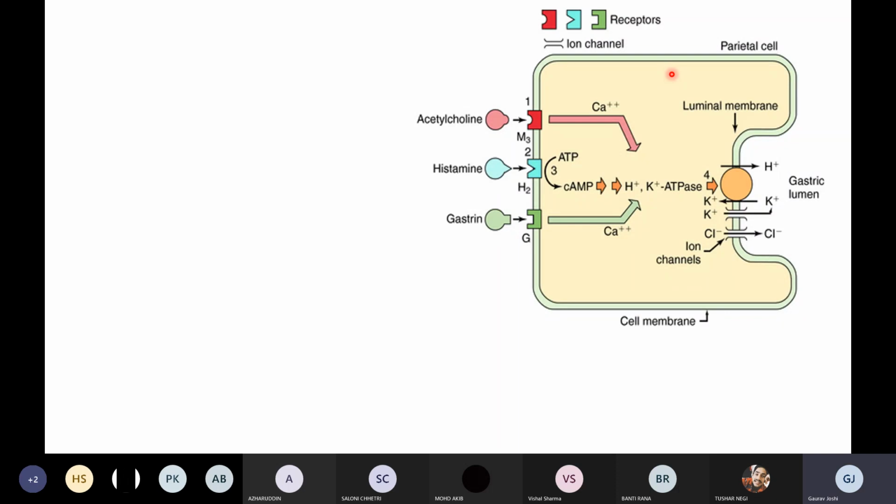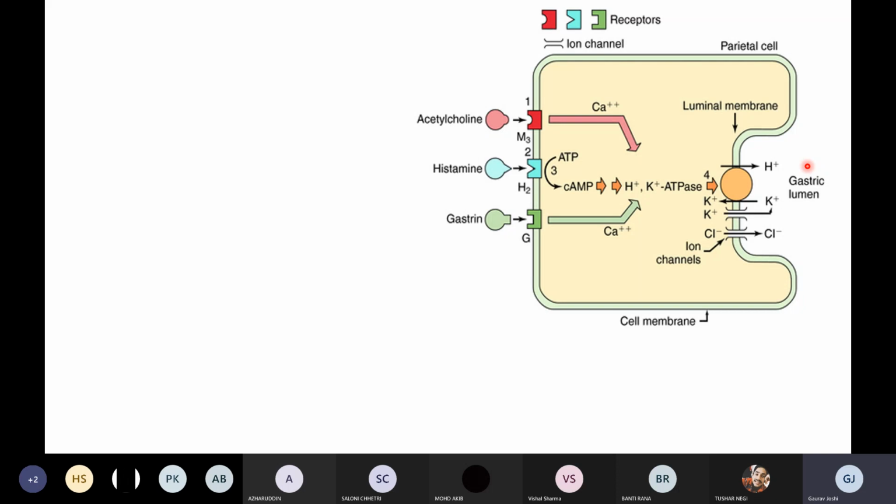This thing we have discussed already. The acetylcholine and the gastrin are regulated by the calcium dependent pathway, whereas the histamine is regulated by the GPCR pathway, where ATP is converted to cAMP, which drives the hydrogen potassium ATPase pump, and the hydrogen comes into the gastric lumen, inside the stomach, to increase the acidity.